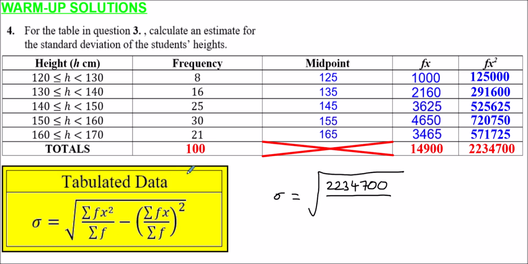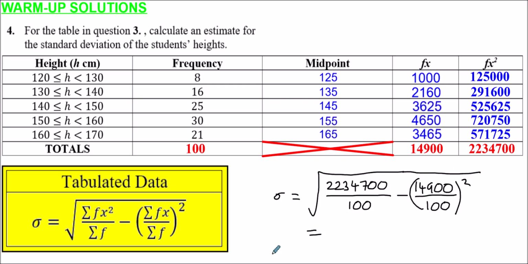So the grand total of frequency is 100. Now this here is essentially just the mean. So we're minusing off the mean squared. So it's the sum of the fx's, so it's going to be 14900 divided by 100, that whole expression squared.